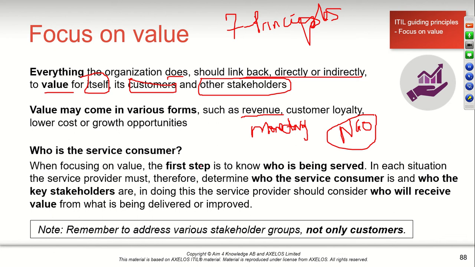So value can be in the form of revenue, it can be in the form of loyalty. There are some things that a company will do not because it will increase their revenue, but because it will increase their customer loyalty. Also, value can be in the form of lower costs. Value can also be in the form of growth opportunity. Value can be in the form of ensuring that you reduce your cost of production.